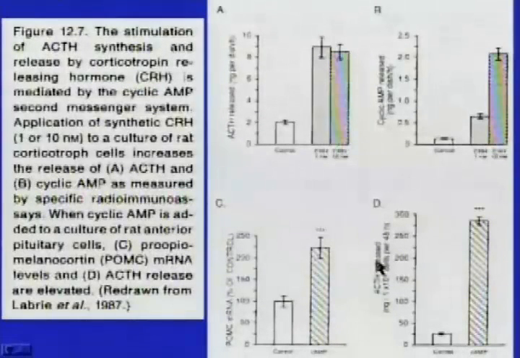Indeed, the study does make that full turn around the corner and demonstrate that if you add cyclic AMP to these pituitary cells, you get an increased release of ACTH, here shown as nanograms per 1 times 10 to the 6 cells per 48 hours. I'm sorry, this is not ACTH released. Well, it is released.